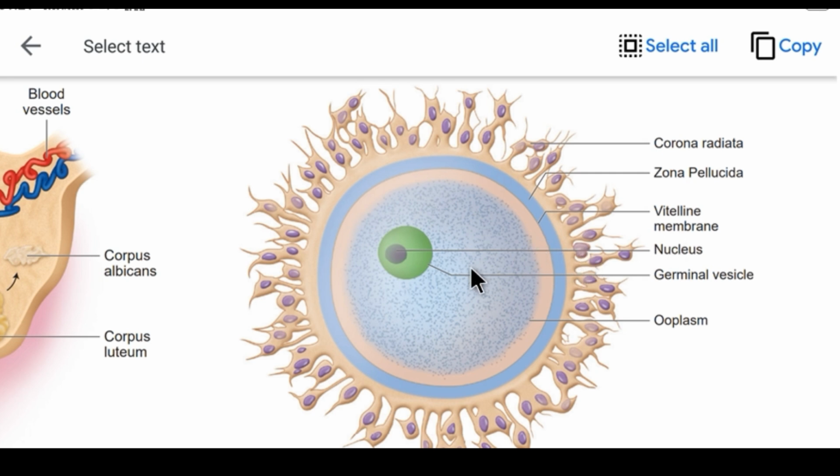The oocyte has 3 layers, the most important point. Inside, the first one is the germinal vesicle, which contains the nucleus, and then the innermost layer is the vitelline membrane. The middle layer is the zona pellucida. The outermost layer is the corona radiata. This is the structure of ovum.